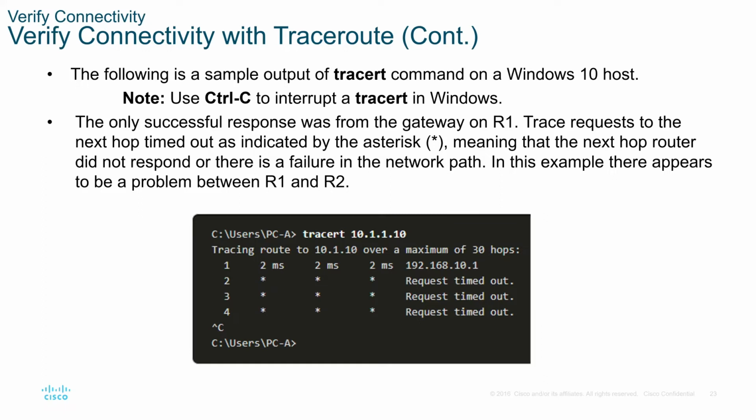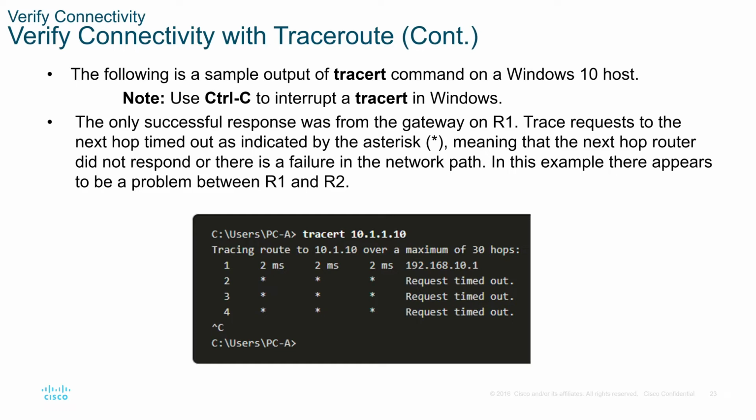As you can see here, the first connection was made. The stars indicate that the next hop timed out. This would continue on for a period of time. In order to stop this, you can use Control C to interrupt it.